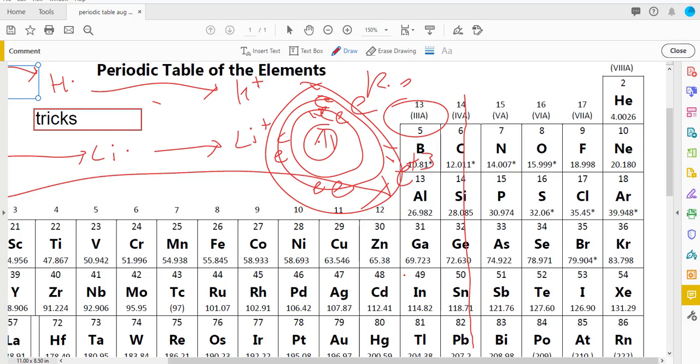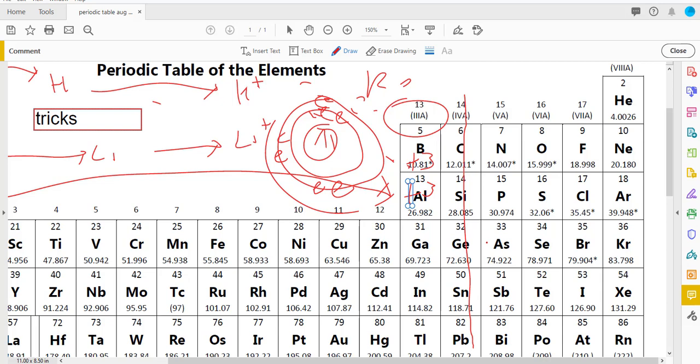But my point is this: it's much easier for aluminum to lose 3 in order to expose the octet than it is to gain 5. So aluminum will always be a +3.